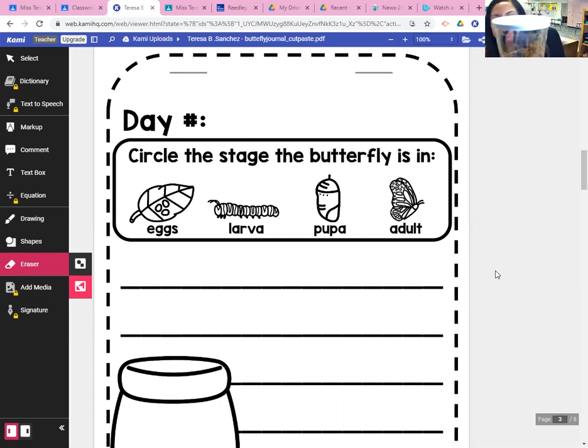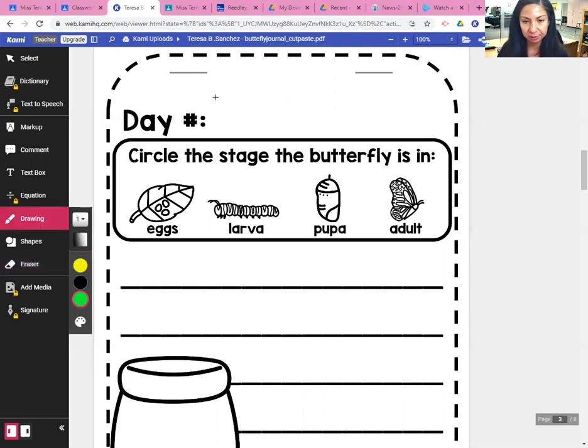So 1, 2, 3, 4, 5 of them. Okay, so I just want to complete the page with you for today. I think this is our 3rd day of writing in the journal, day 3. So we'll write day 3, and then we'll circle the stage the butterfly is in.